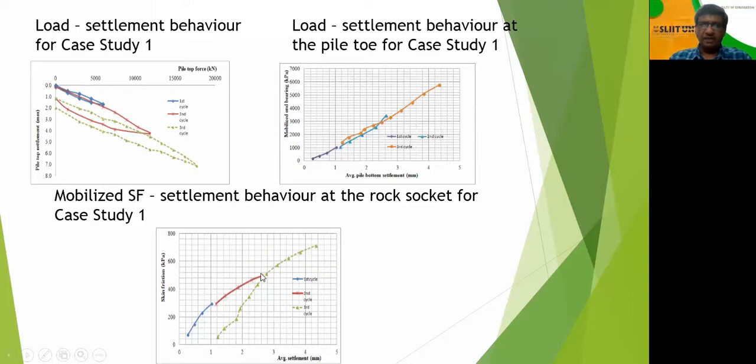You can see it is tapering off maybe, but has not developed to the ultimate value, so it can increase further. The mobilized value is in the range of about 700 kilopascal at a settlement of about 4 to 5 millimeters.